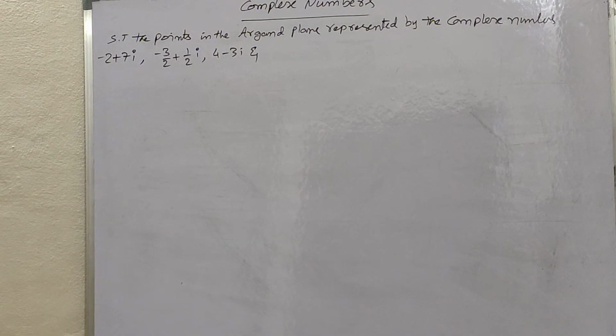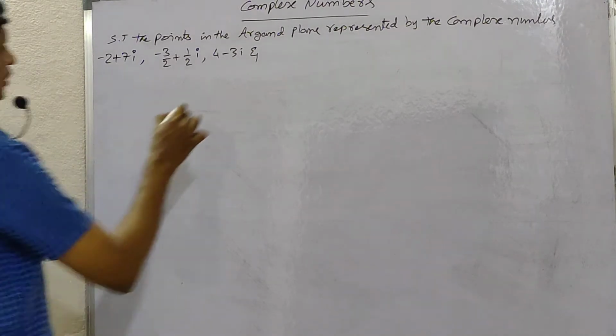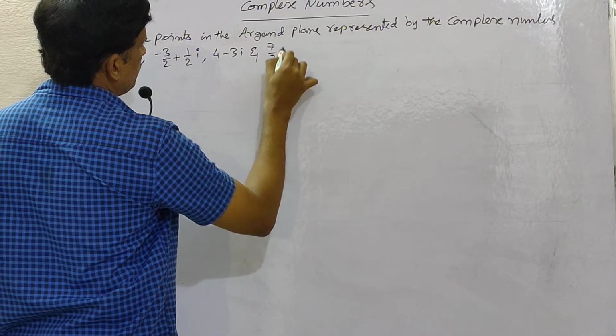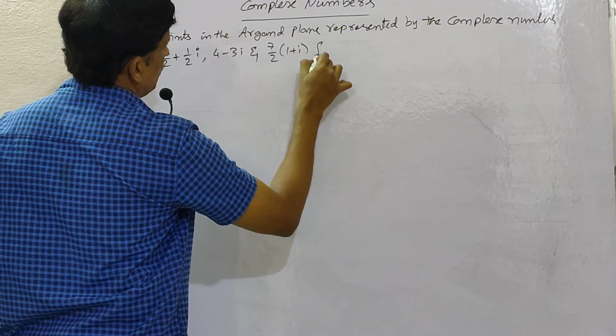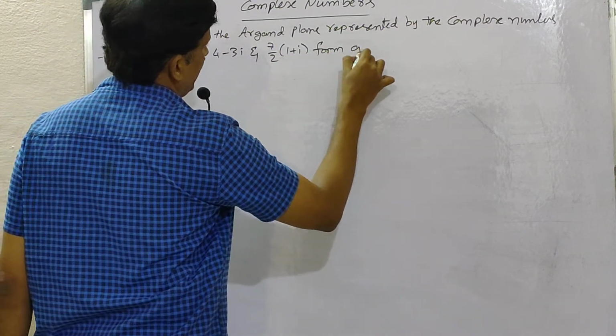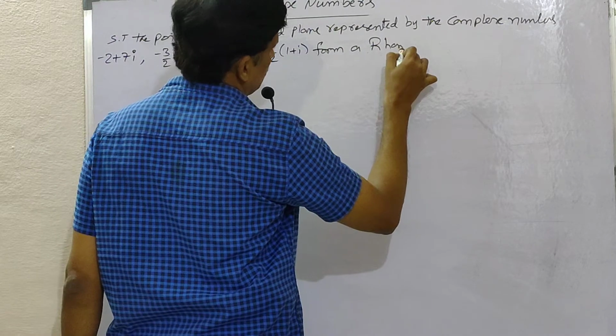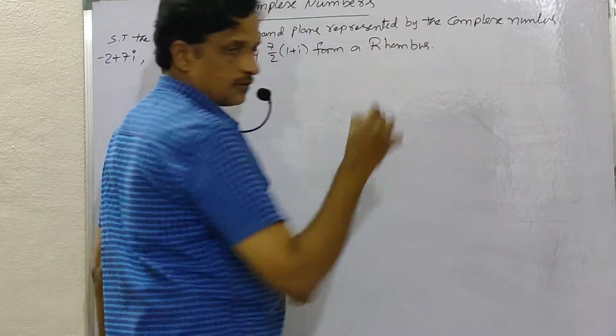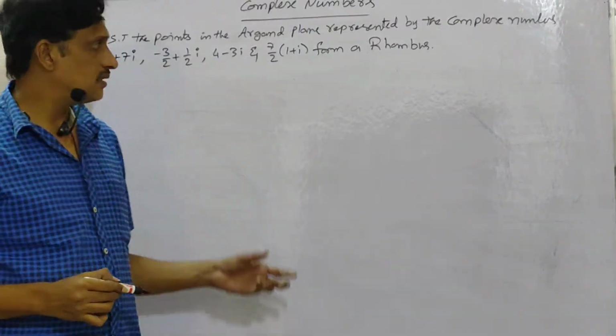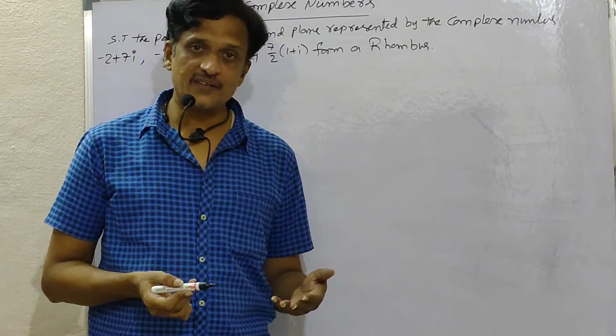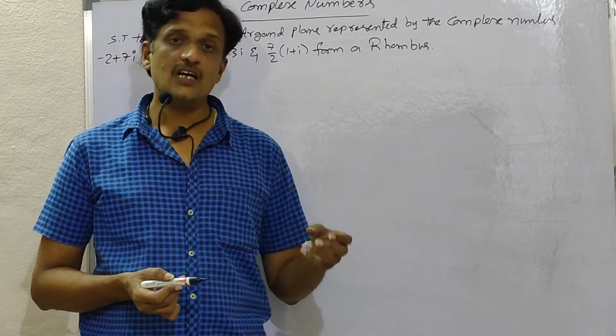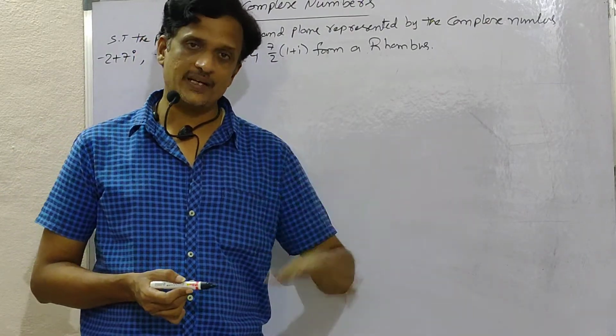And the fourth one is 7/2 into (1 plus i). Form a rhombus. So the given four complex numbers means the points represented by the given four complex numbers A, B, C, D form a rhombus in the Argand plane. That is the problem.